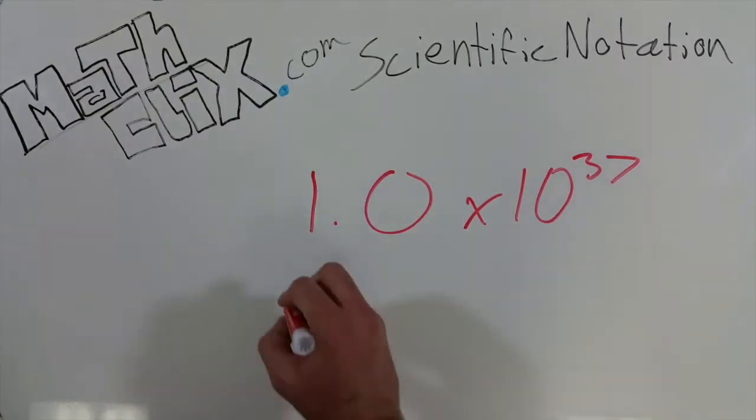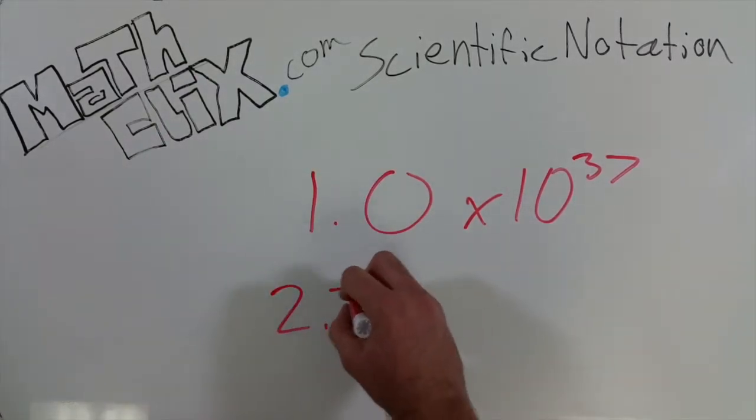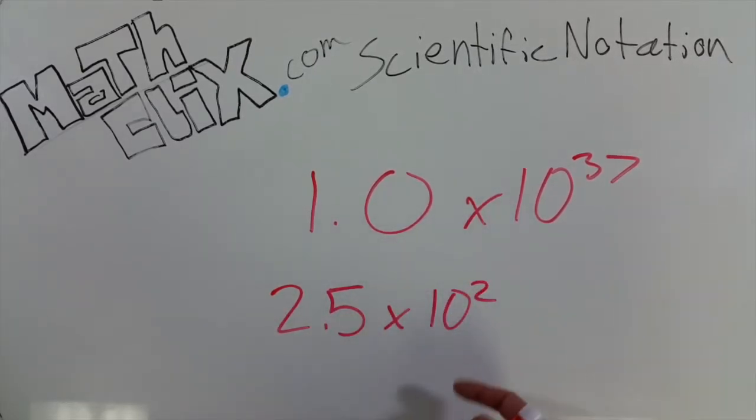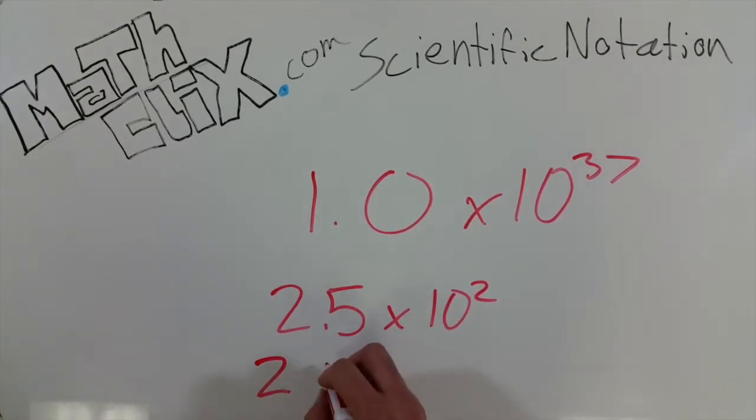For example, if I had 2.5 times 10 to the second power, well, that's just 100, right? So we would really say it's 2.5 times 100. Well, we'd move this decimal 1, 2 times, and it'd be 250.